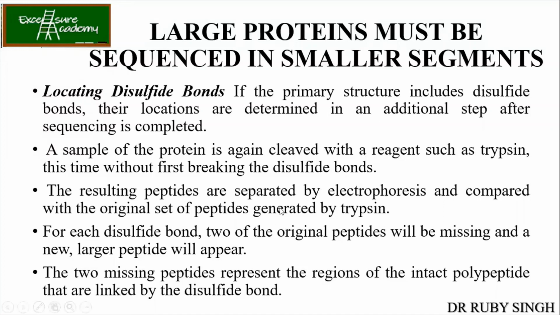Now the resulting peptides are separated by electrophoresis and compared with the original set of peptides generated by trypsin. For each disulfide bond, two of the original peptides will be missing and a larger peptide will appear. From this you will understand where exactly the disulfide bonds are present.